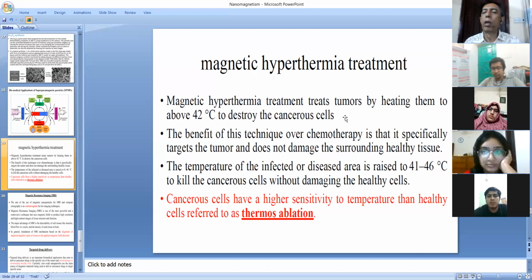We have iron in our body, so our body can adapt to iron easily.